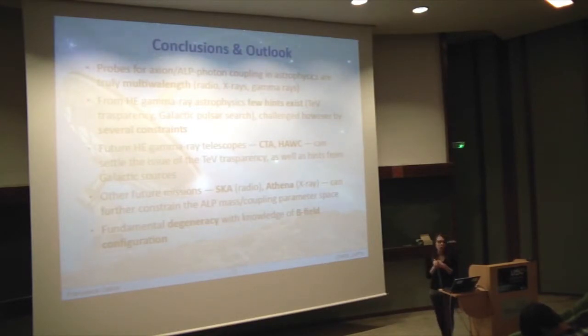And the future of our era is very bright because we will have several experiments at several wavelengths: SKA in radio, although I didn't have time to talk about that, Athena in X-ray, and CTA and others in the domain of very high energy gamma rays that can really help us to settle some of these issues and further constrain the allowed parameter space.